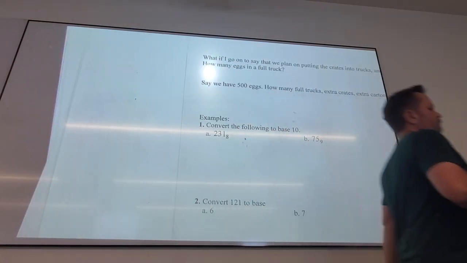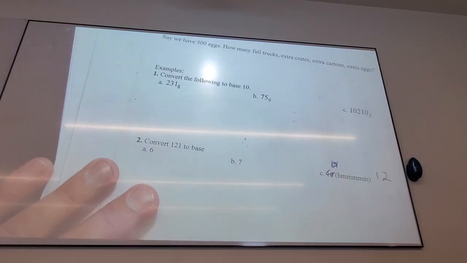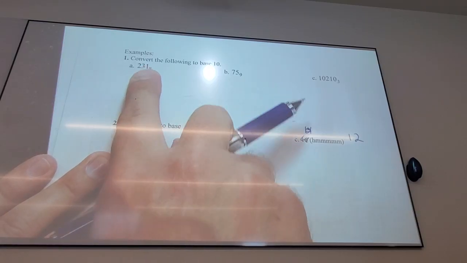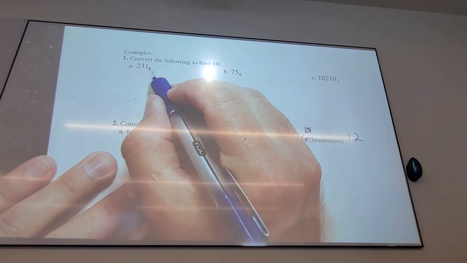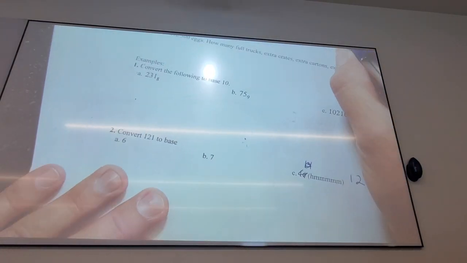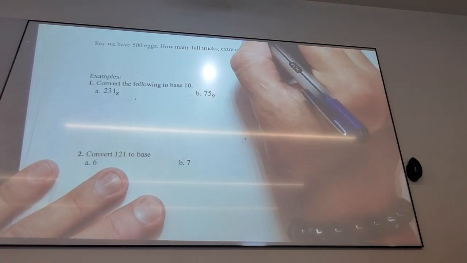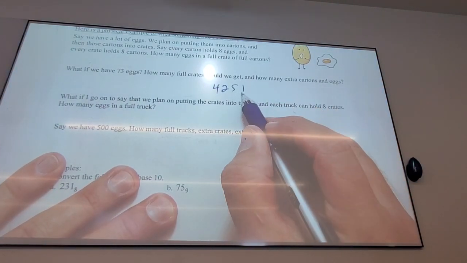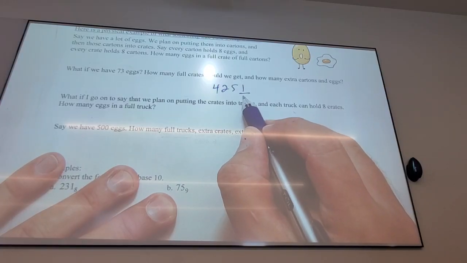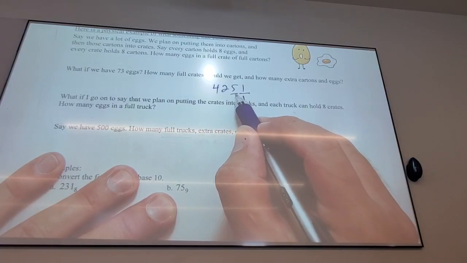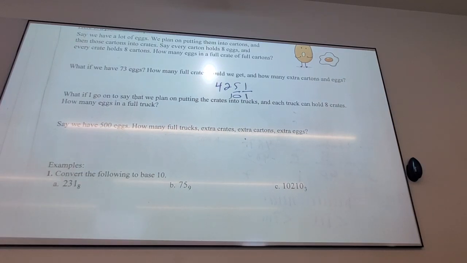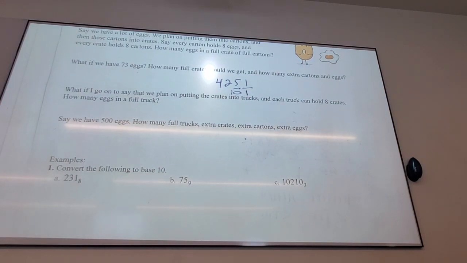Look, guys, real quick. Everybody confuses this, and I don't blame you, because this is very weird. This is already basic. Let me ask you this real quick. 4, 2, 5, 1. This is base 10, because there's no base put on it. So what place is this in? 1. What place is this in? 10. I have to know what base it's in, so I know the value of each place, yes?